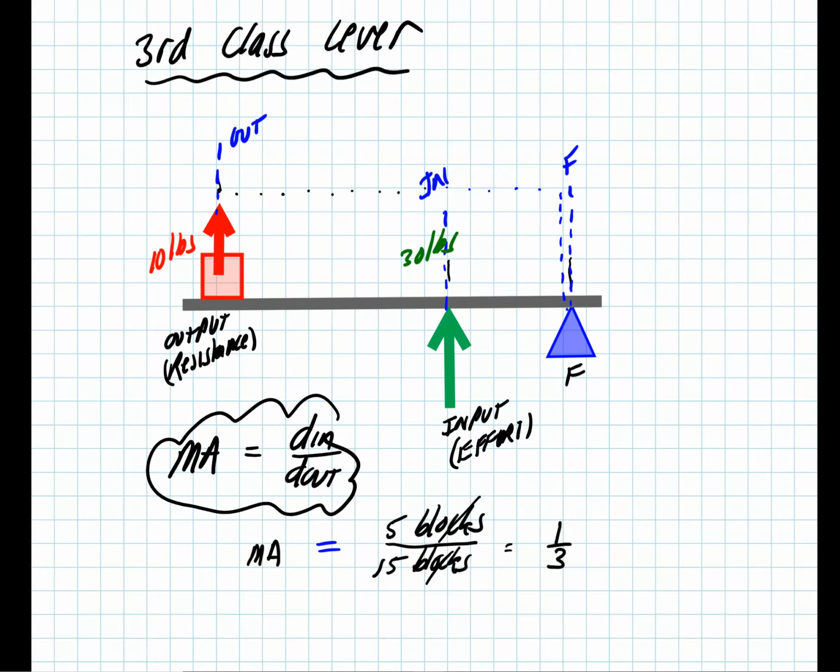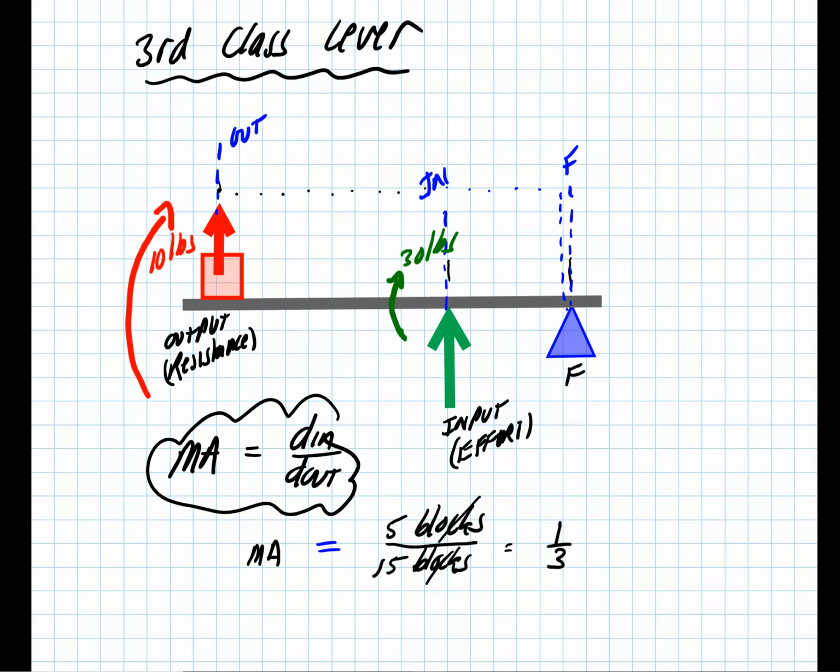Why the heck would you ever want to do that? Well, in a third class lever, you're not interested in getting more force out of your machine. What you're interested in getting is more distance. So if you push up that far, you're going to get 3 times the motion.